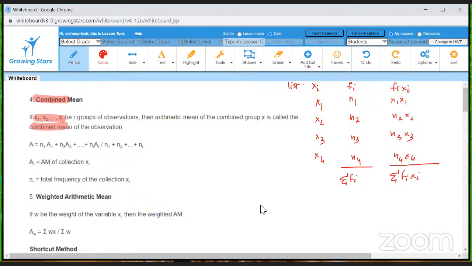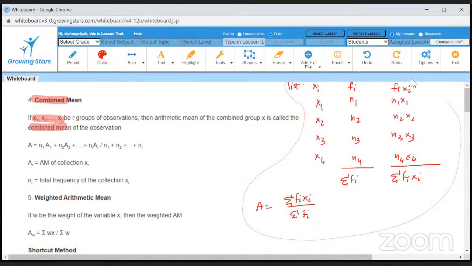And then the arithmetic mean will be the same formula, sigma Fi Xi by sigma Fi. This is the normal method, when Xi is given and frequency is given. But in this combined mean, what will happen? I will tell you.